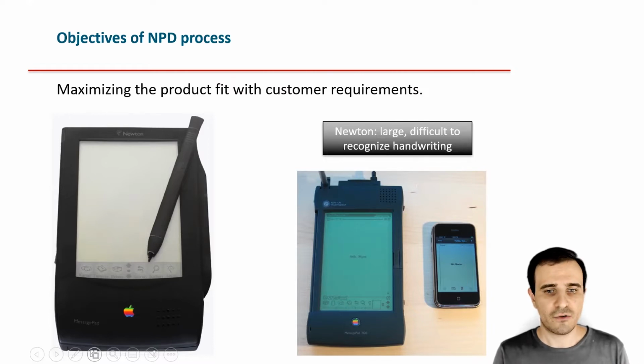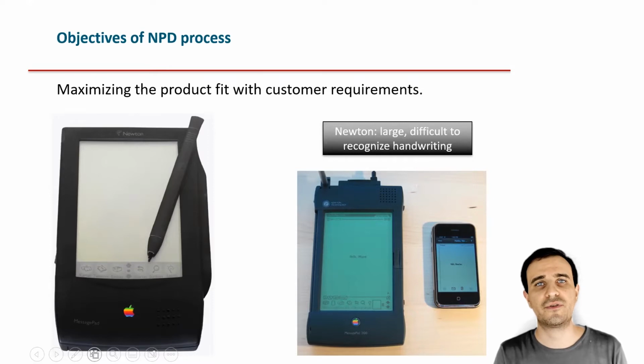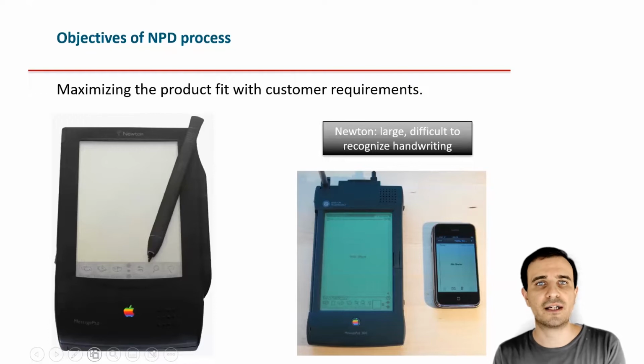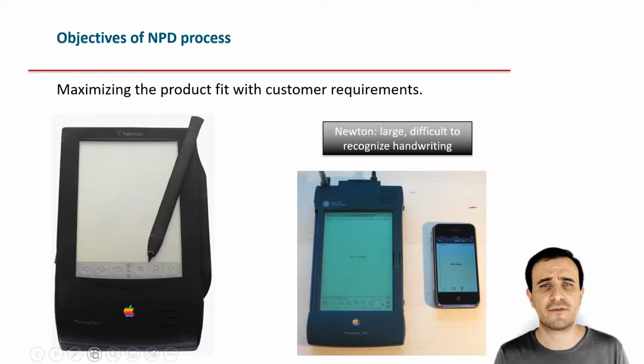For a few reasons. One is, of course, the size. You can see this compared to the iPhone. It was big, so it was not that easy to carry around. And people didn't really clearly see the advantage of this device compared to a laptop. There were also some struggles at the beginning to recognize handwriting.